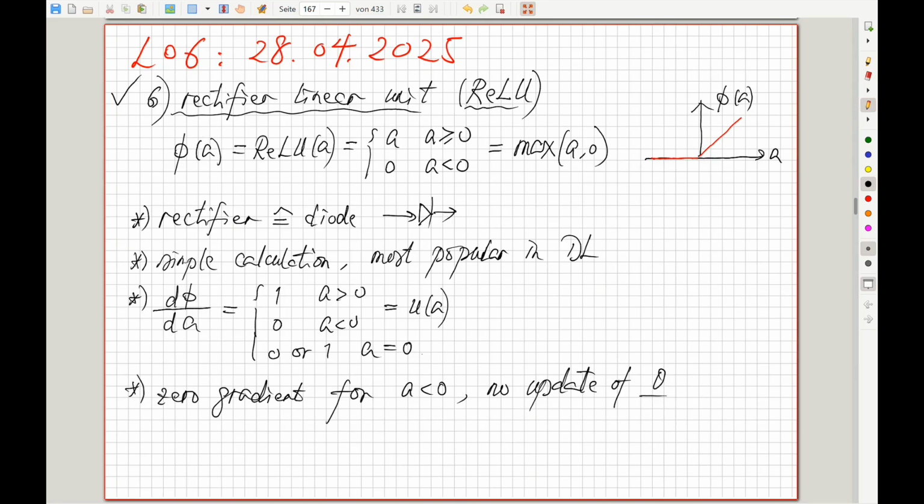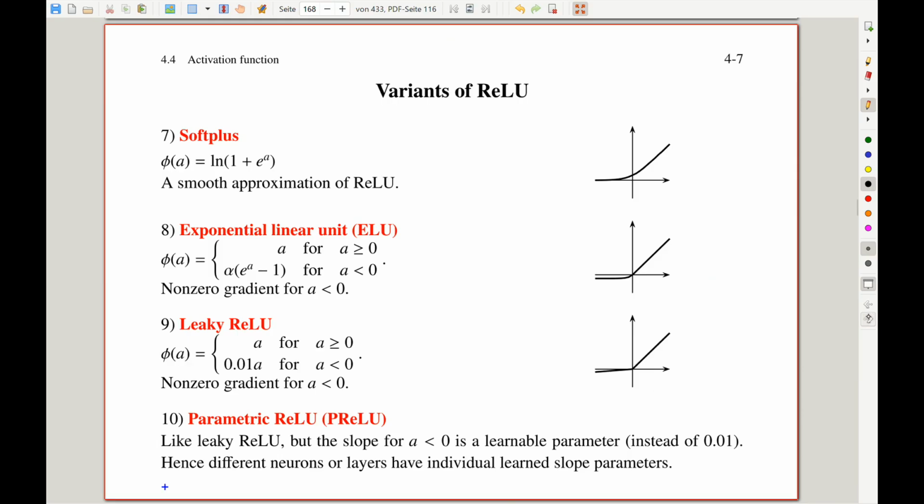And this is exactly the reason why you can find a number of small extensions of the rectified linear unit in the literature. You see on this slide 4 possible variants, modifications of the ReLU unit. The one is the so-called softplus. You see the mathematical definition, and you see the curve. Now it is a smooth approximation of ReLU.